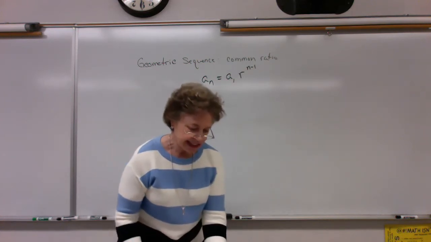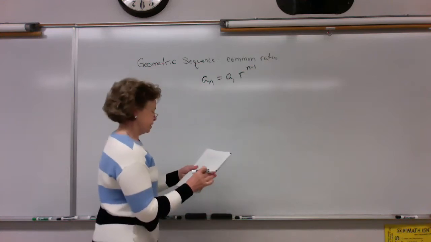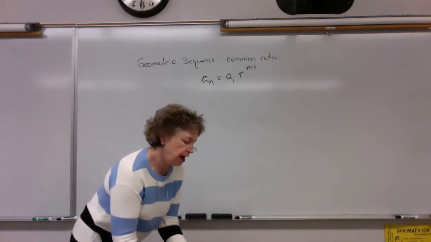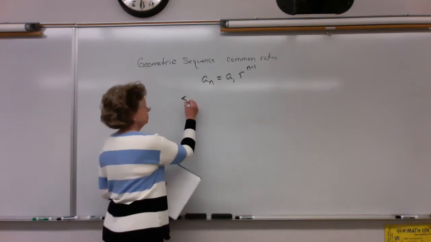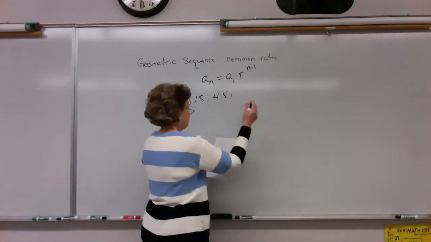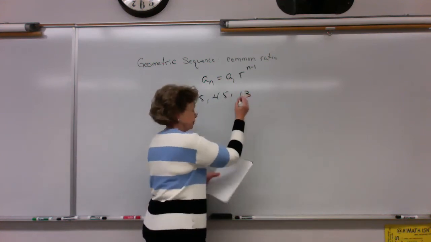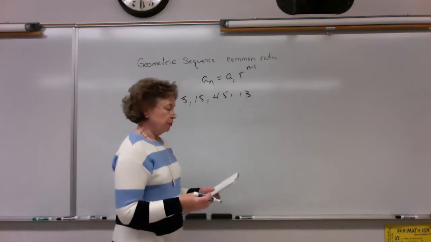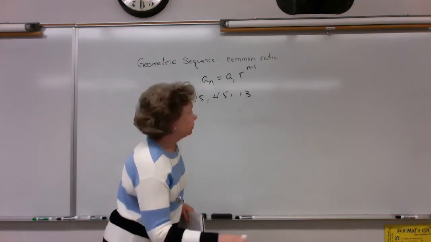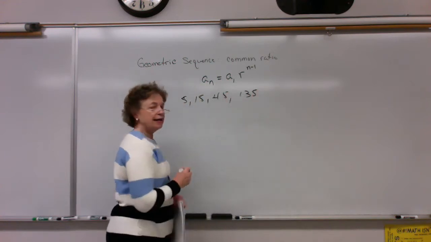Suppose we have a sequence that looks like example 2a, which was 5, 15, 45, 135, and I want to write the rule.